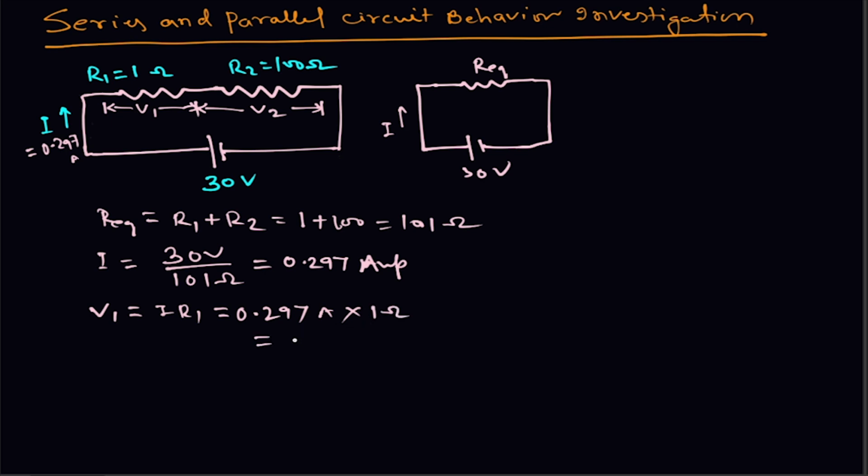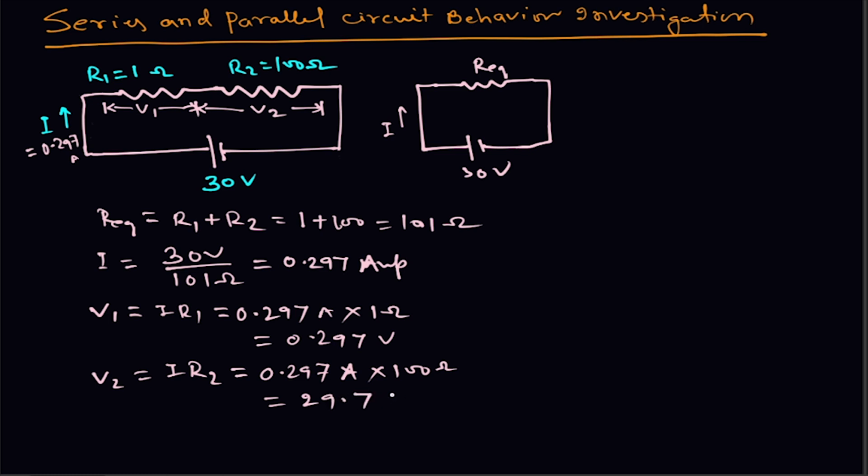So it is 0.297 volts. Similarly V2 is equal to I R2, that is equal to 0.297 ampere into R2, R2 is 100 ohm. So we will get 29.7 volts. Now from this finding we can see that V1 is very less, that is only 0.297 volt, and V2 is 29.7 volt.